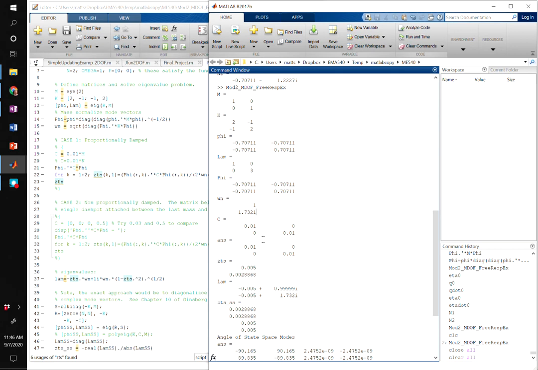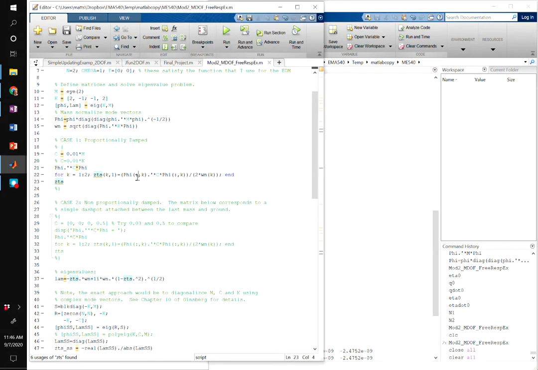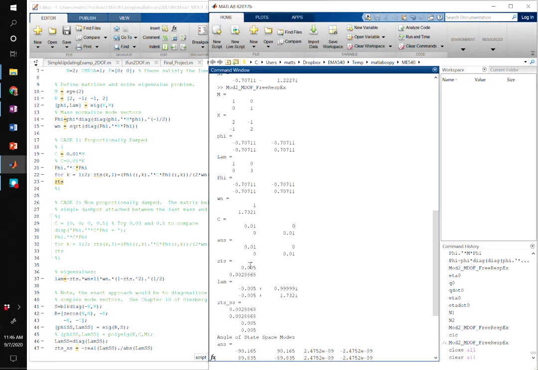In this case, it turns out to be identical, and they're both diagonal. So to get the damping ratios, we just take each value on the diagonal divided by 2 times the respective natural frequency, and we get that the system has these two damping ratios.